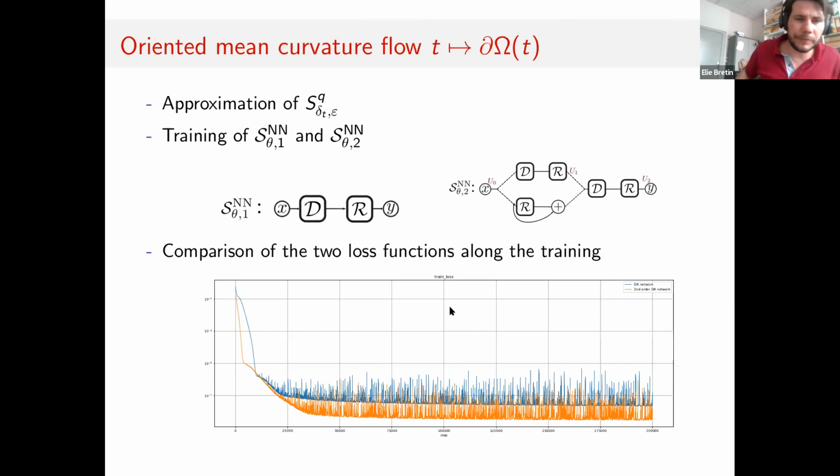Okay, so if now I come back to the motivation, which consists in learning the mean curvature flow, we first consider the approximation of the semigroup FQ, and we see that the optimization algorithm succeeds in minimizing the loss function.